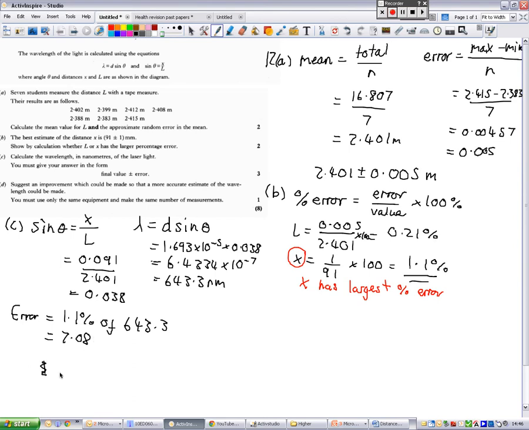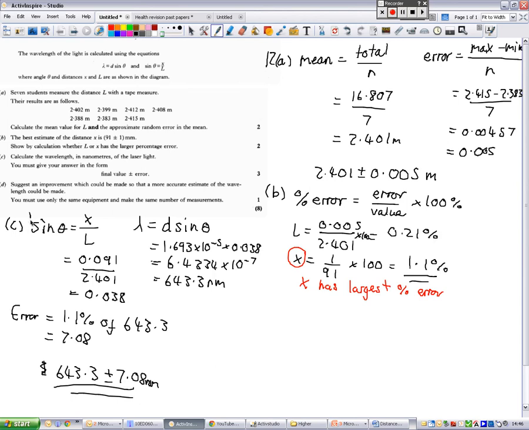It's 643.3 plus or minus 7.08 nanometers. It doesn't have to be expressed in nanometers necessarily. You could express it in meters, or you could express it with scientific notation, as long as your final value here has the same number of significant figures as your error does, then it's all fine there. So you can check that for yourselves.